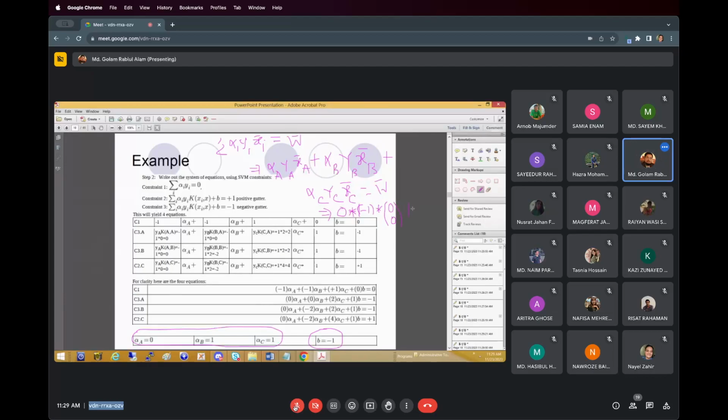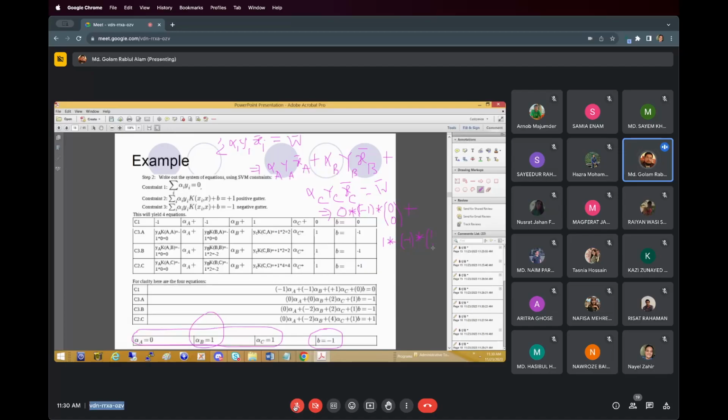Now plus alpha B. We got alpha B equal to 1, so alpha B equals 1 times yB, the class label of B, which is also -1, negative, times xB, the support vector B, which is 1, 1.